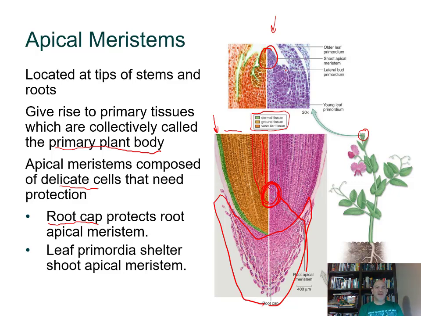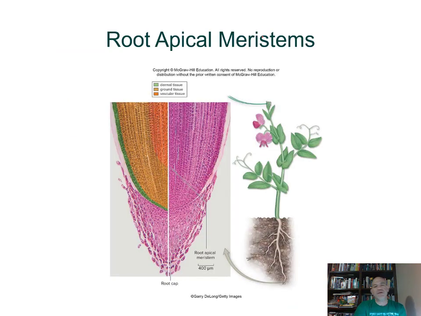But the young leaves forming here, where the nodes are, are called leaf primordia. Primordium would be singular. You can see they surround and shelter that apical meristem. So those are the same images.